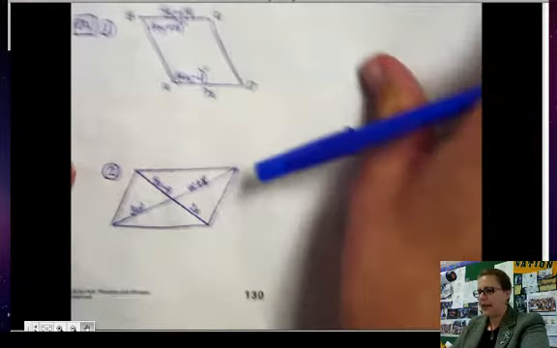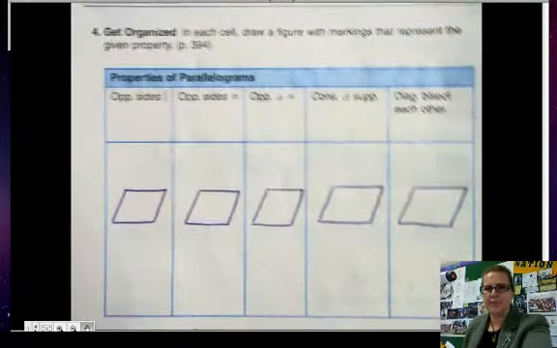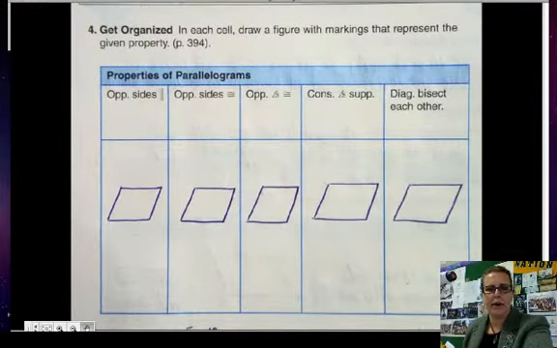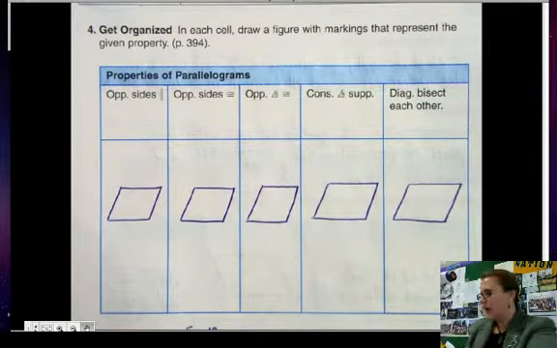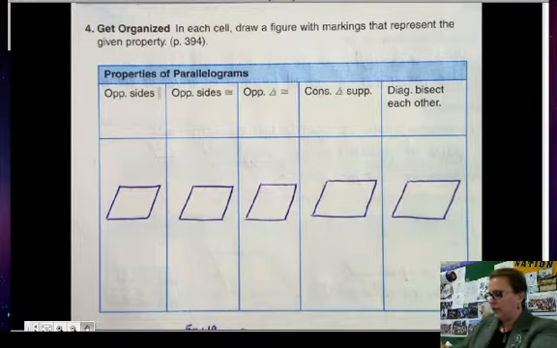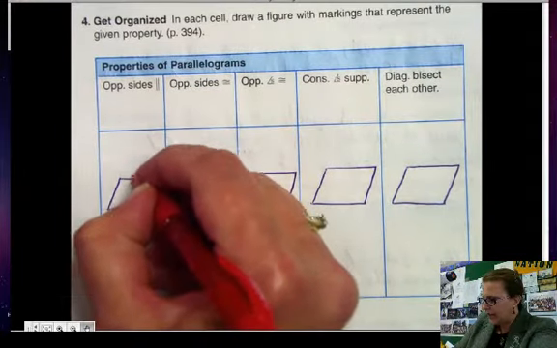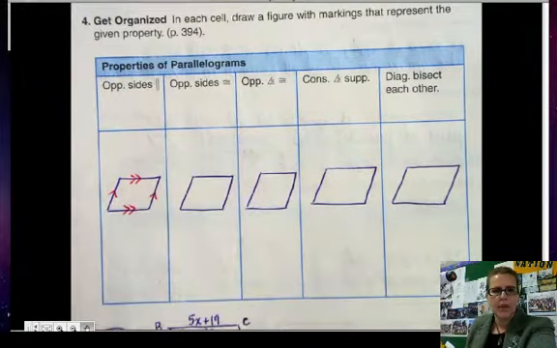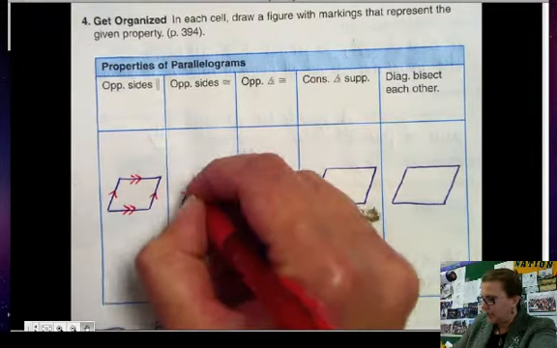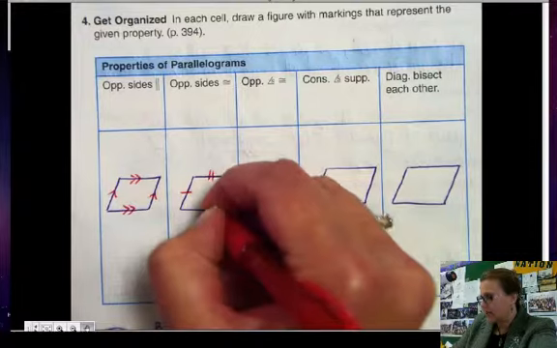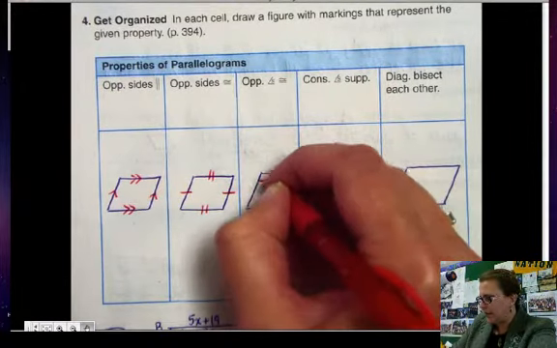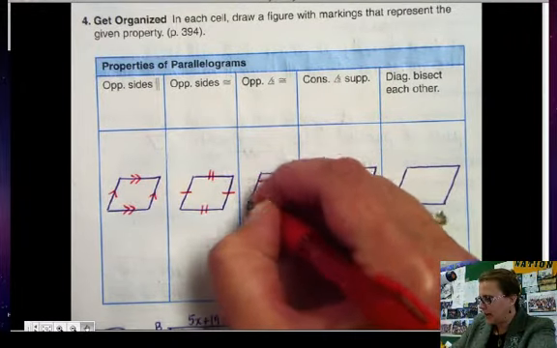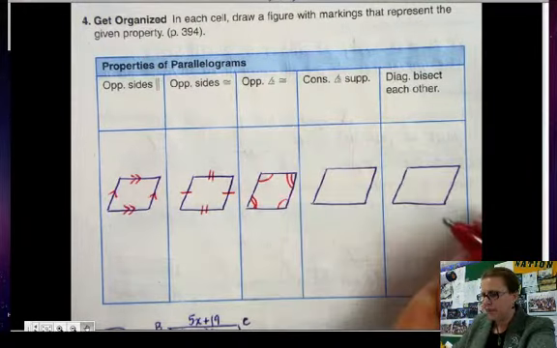So on the next page, let's draw these 5 different things about parallelograms that we learned. Opposite sides are parallel, so that looks like this, with the little arrows meaning parallel. Opposite sides are congruent, so that looks like this. Opposite angles are congruent, so that looks like this.